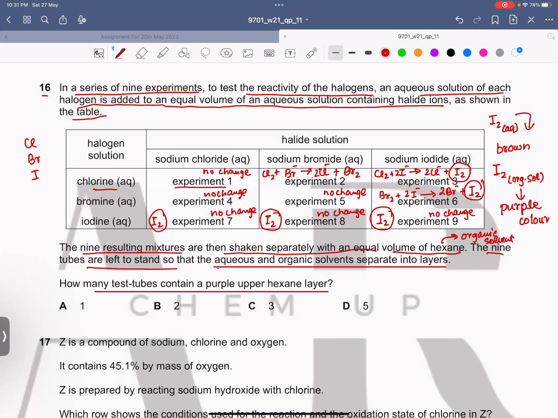When we add hexane and shake it, the iodine dissolves in hexane, and the hexane turns purple in each experiment where there is iodine. How many experiments are there where there is iodine? Experiment 1, 2, 3, 4, and 5. So there are 5 experiments, which makes A, B, and C all wrong, and D is your correct answer. Is this clear to everyone?